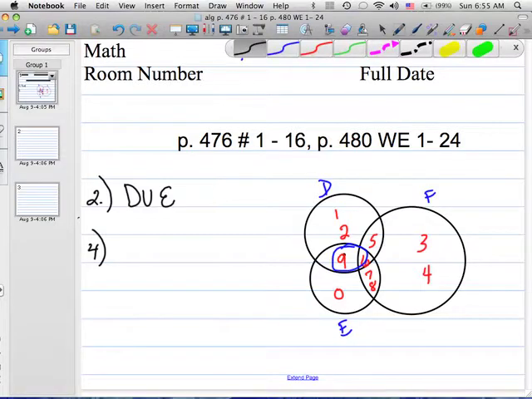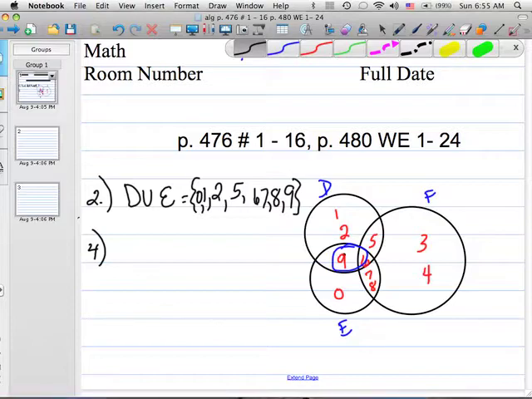That would give us 1, 2, whoops, we got 0 there too. 0, 1, 2, and we have 5, and there's 6, 7, 8, and there's a 9. So that would be the union of the two sets.